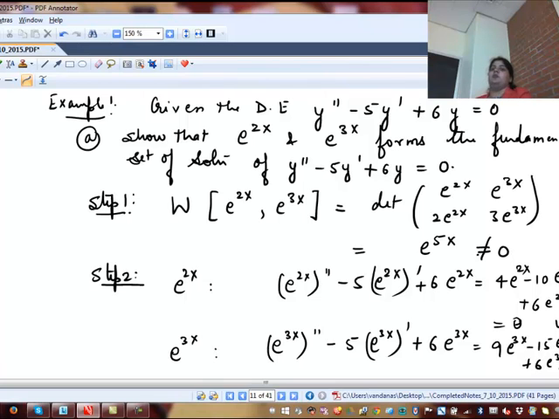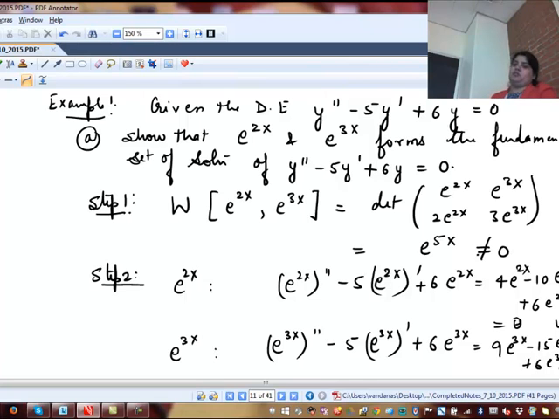But here you were given the functions and you were checking. You might say, how will we find those functions which form a fundamental set? Here I gave you e to the power 2x and e to the power 3x. Given a differential equation, how will you find those two functions?